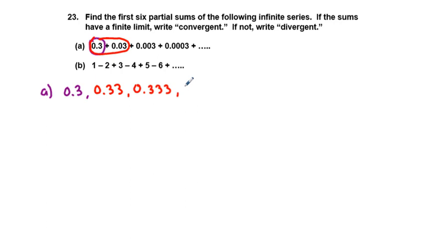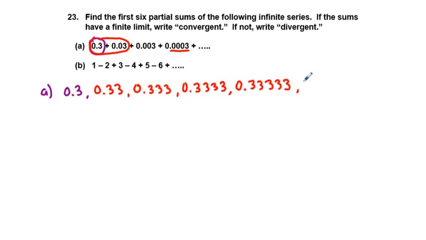The next one is going to be to the 10,000th place, so 0.3333. That's our fourth partial sum. Our fifth partial sum is going to be 0.33333, and that's to the 100,000th place.